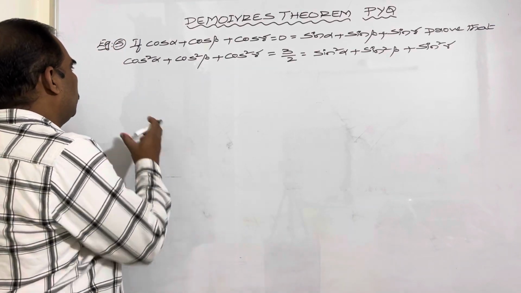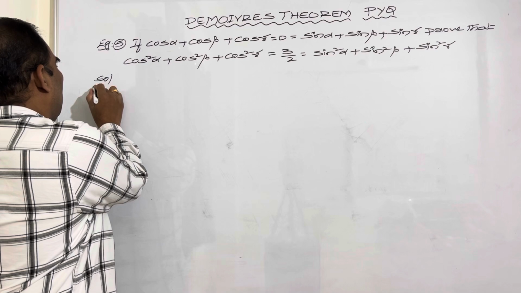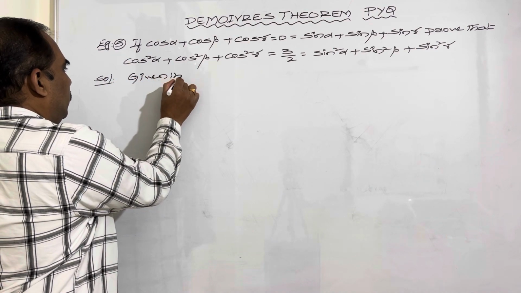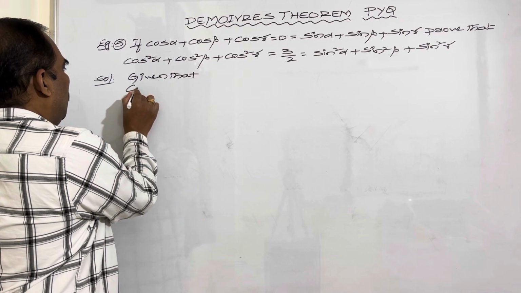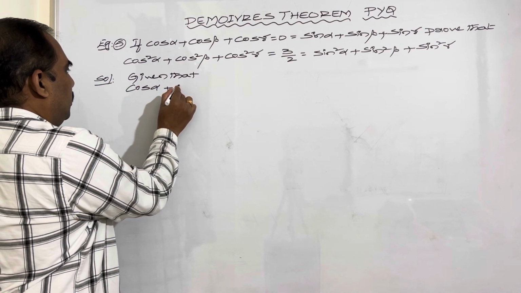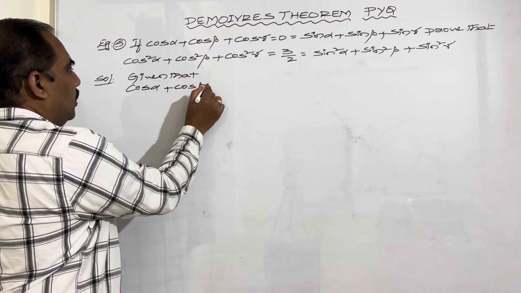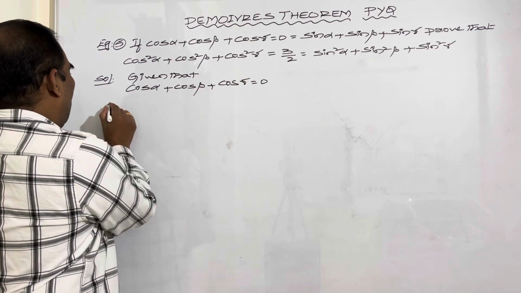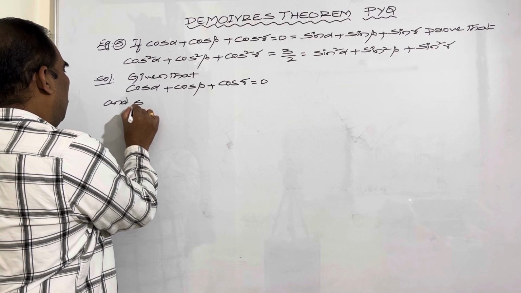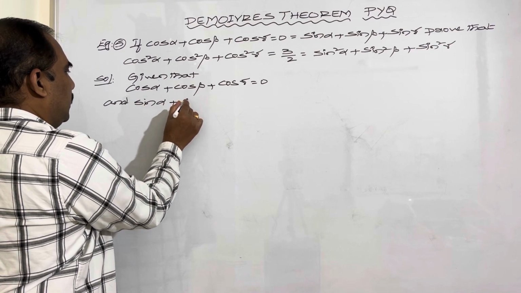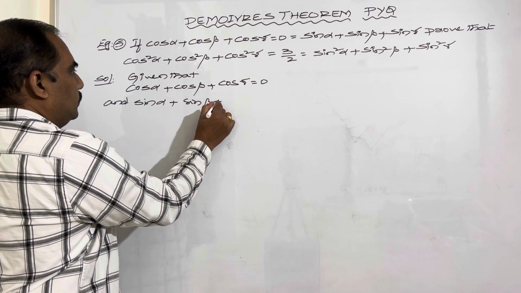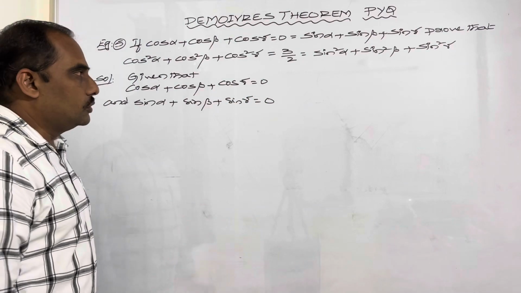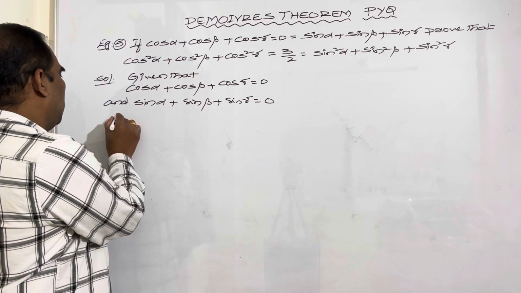Now here in the solution, given that cos alpha plus cos beta plus cos gamma is equal to 0, and also sin alpha plus sin beta plus sin gamma is also equal to 0. Now let us consider complex numbers.